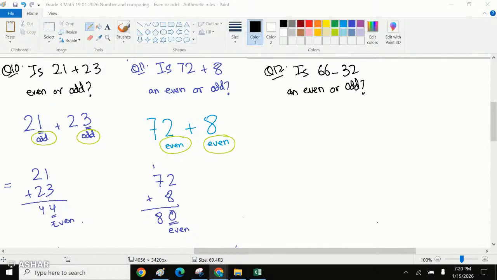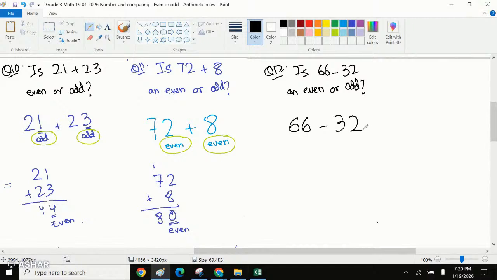Would it be even or would it be odd? 66 minus 32. Rebecca, what should be the answer for this? Yes, thank you. Even. But you need to tell whether it's an even or odd. Minus 38 or positive?